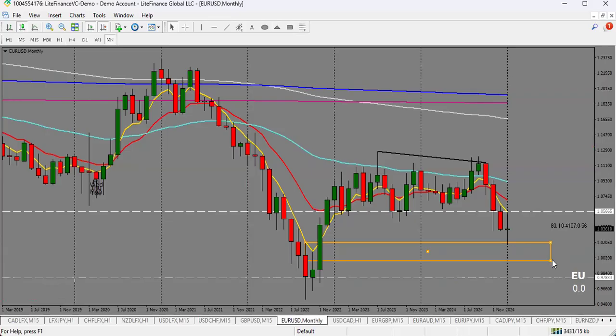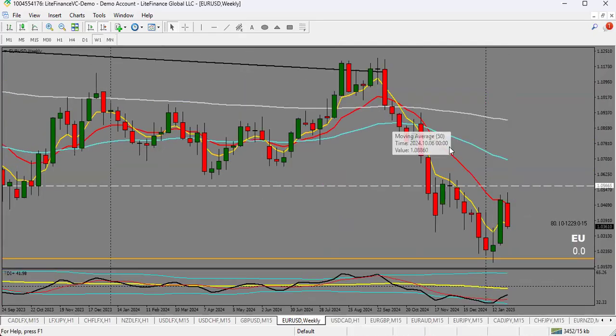But we have not confirmed if this reaction here would make EURUSD change its direction. So until this point, I would still be expecting the market to continue selling.